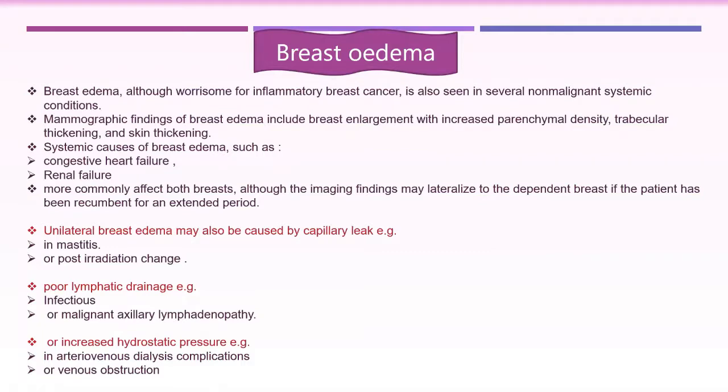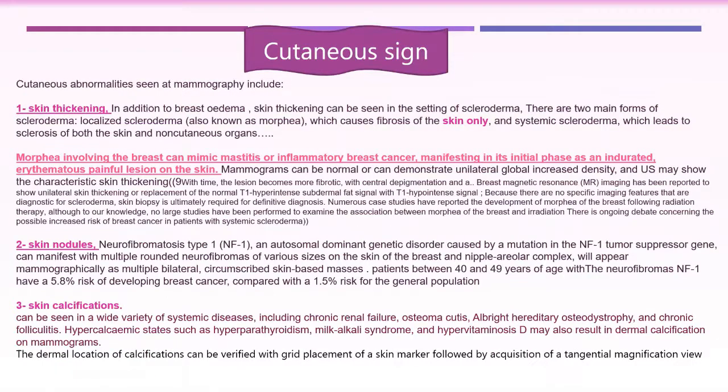Other cutaneous signs include nodules as in neurofibromatosis, skin calcifications, and systemic causes like chronic renal failure, scleroderma, or hereditary syndromes and so on.